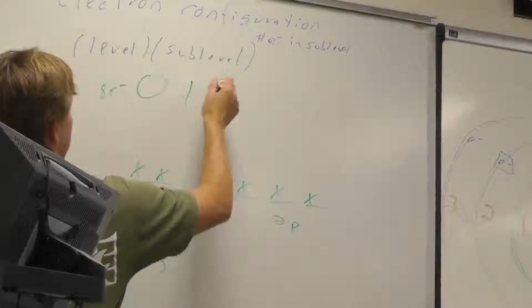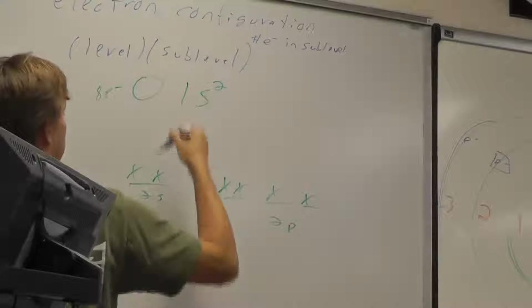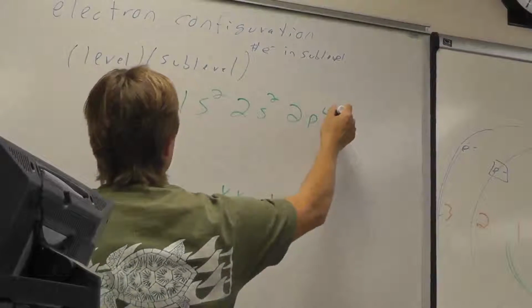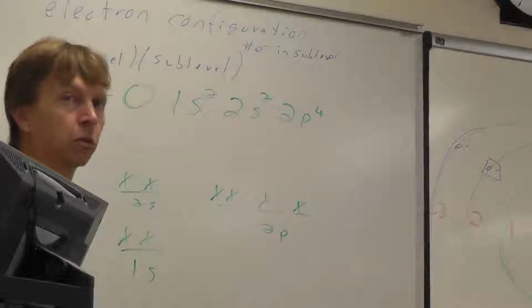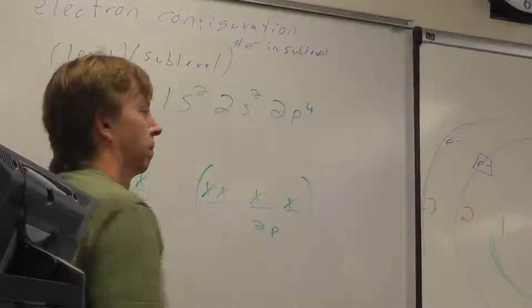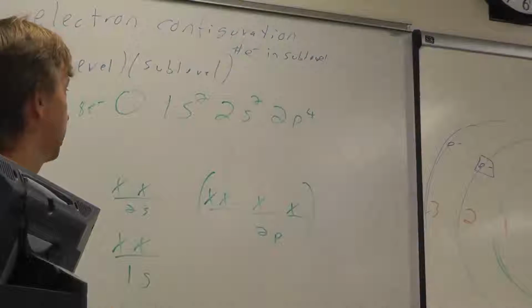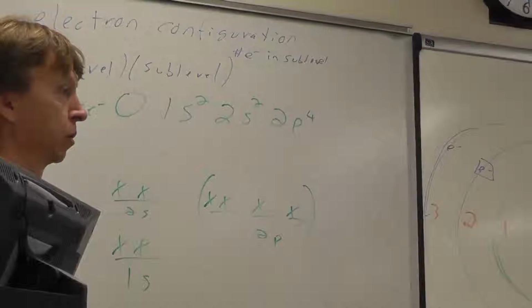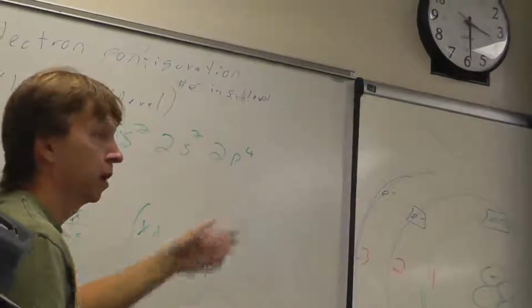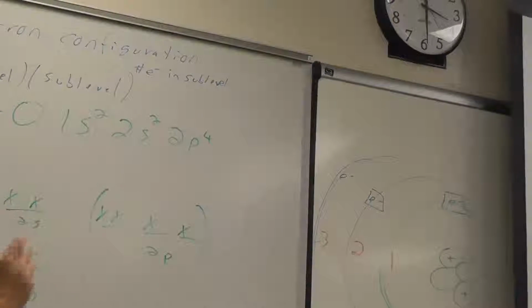So shorthand, the 1s has 2 electrons, the 2s has 2 electrons, and collectively that 2p has 4 electrons. Collectively, that 2p sublevel has 4 electrons in it. And notice that tells you nothing about which ones are paired, how many of them are paired. It's not trying to. It's just trying to tell you level and sublevel.